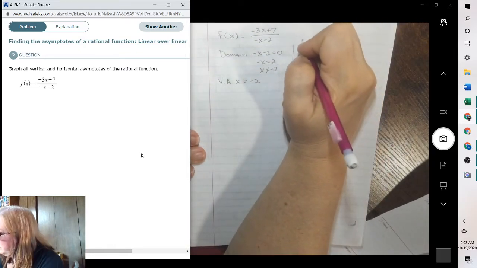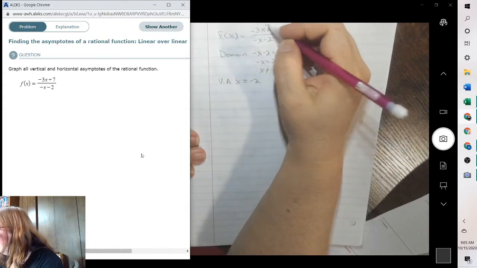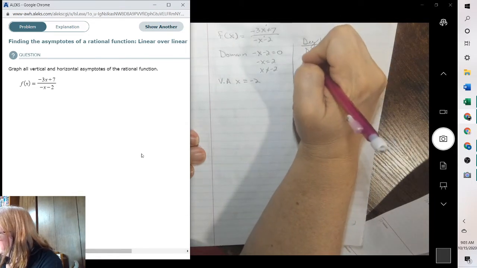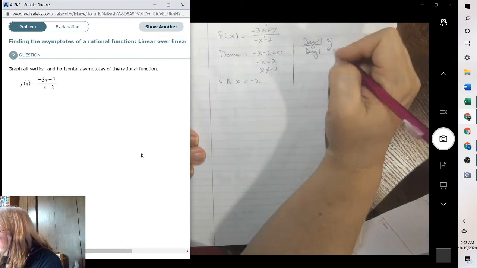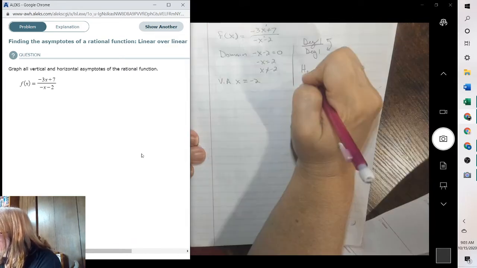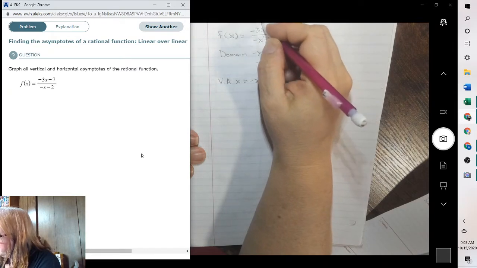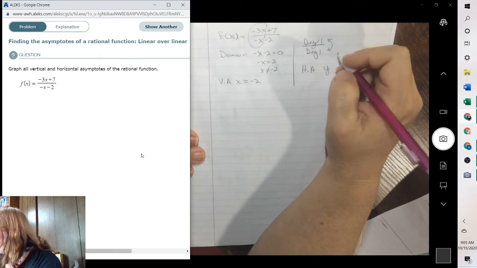For the horizontal, we look at the degree. The degree on the top of this one is 1, and notice the degree on the bottom is also 1. When these are the same, for the horizontal asymptote, you set these two not equal to each other, but over each other, and you reduce it.